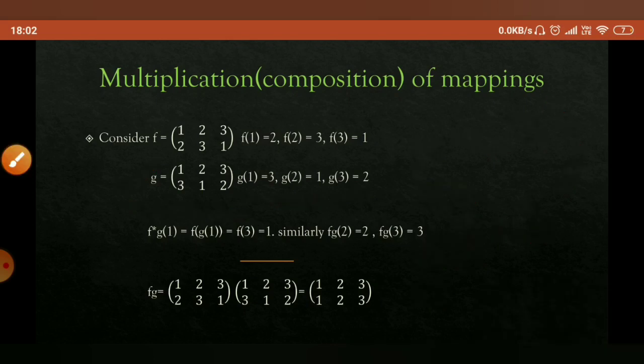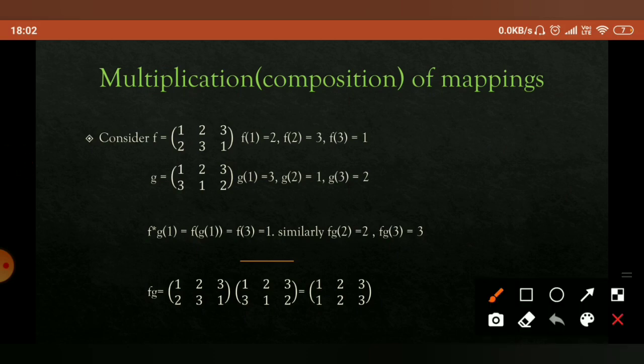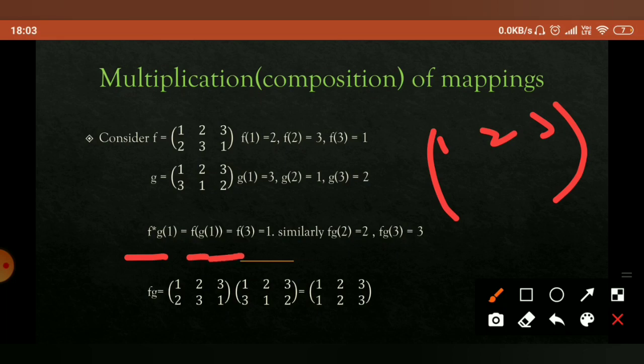Now the composition. Here I have used the composition sign star, F star G. How to multiply two mappings, how to compose them? We have to write the image of 1, 2, 3 under the product of these two mappings. So what we have done: FG of 1, G of 1 is 3, so here it is written 3, F of 3, and F of 3 is 1.